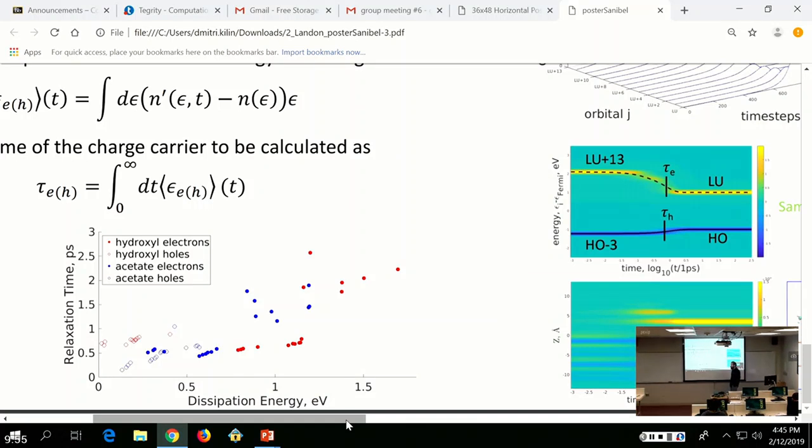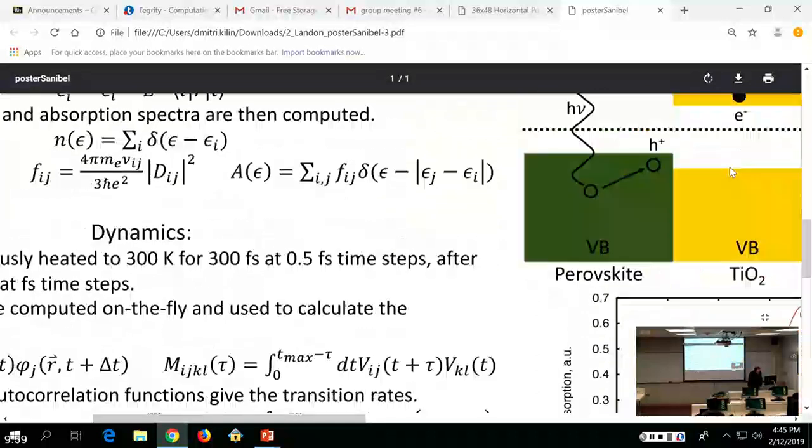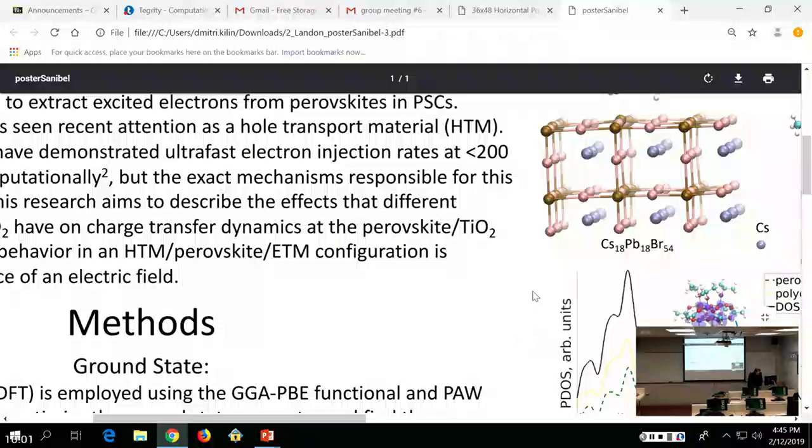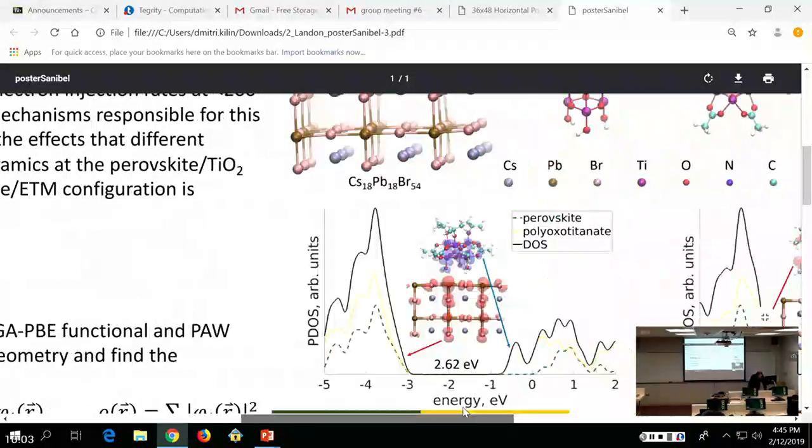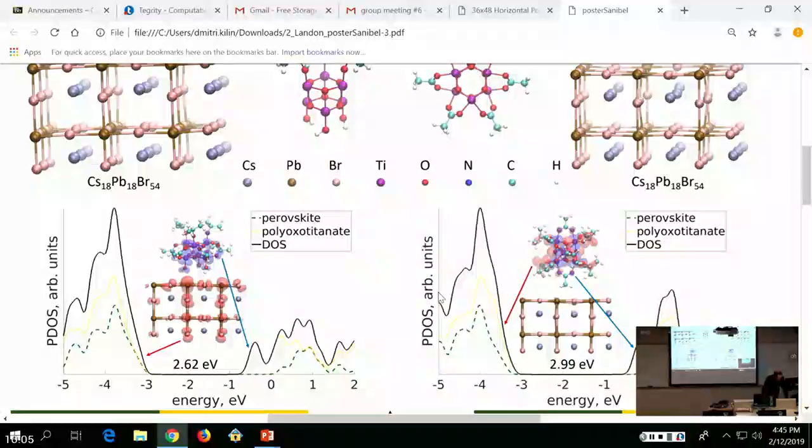If you scroll up to your PDOS, the holes have at least 2 times more density of states. So that could be one reason. Okay, I guess there's just more likely to be a straight shot down as opposed to having to skip over.